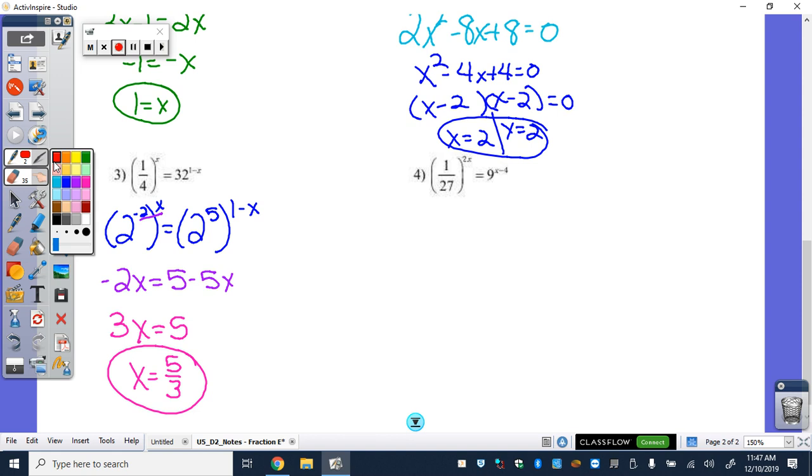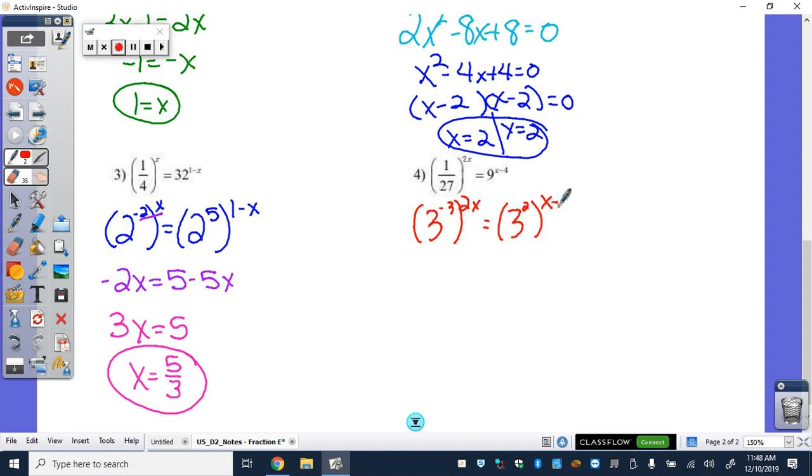All right, last one, number 4. What base could we use? Base of 3. 3 to what power is 27? Well, it would be negative 3 because it is a fraction, yep. So 3 to the negative 3 to the 2x. 9 is going to be 3 squared. And then to the x minus 4.